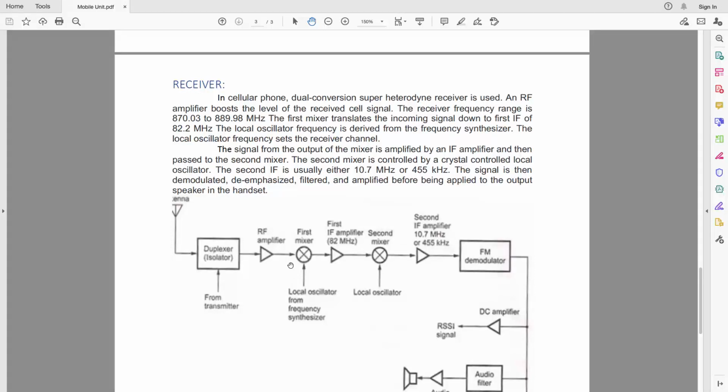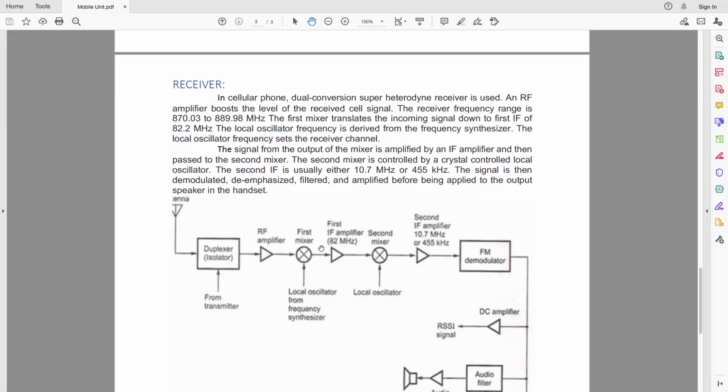Already we have seen the function of the mixer. Here the mixer will mix the incoming frequency signal and the signal from the local oscillator, which is nothing but a frequency synthesizer, and these two signals are mixed in this mixer and the possible outputs are generated.